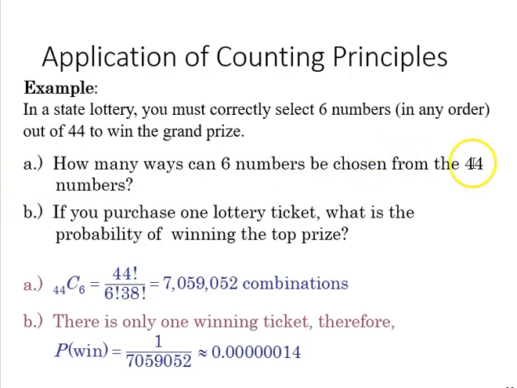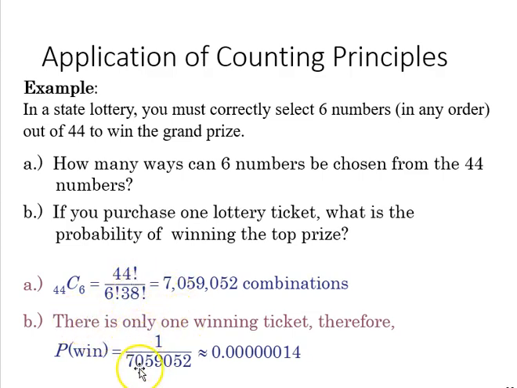We have 6 numbers chosen from 44 numbers. If you choose one lottery ticket, what is the probability of winning the top prize? There's the 44 possible numbers, and the 6 that we're taking from that. So we take the factorial of 44 and divide it by 6 factorial times 38 factorial. Add those together, you get 44. And there we get the math.